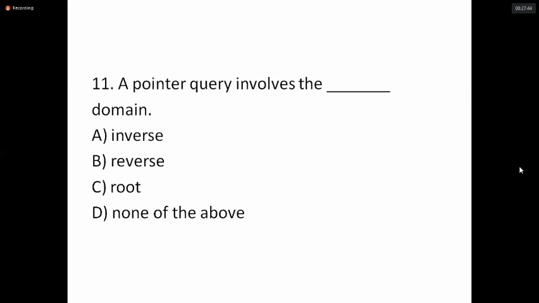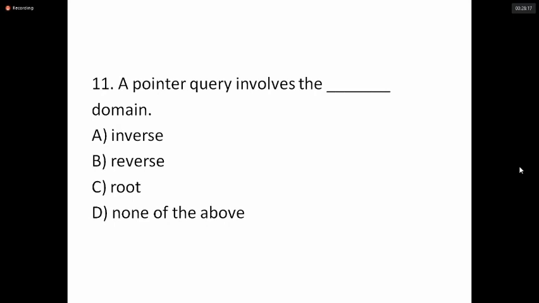Yes, it's the root. Next one: a pointer query involves the dash domain. Yesterday I discussed PTR. What is PTR? Pointer record resolver. Yesterday I discussed that when I want anything with respect to an IP address mapping to a domain name, I go with a PTR query.